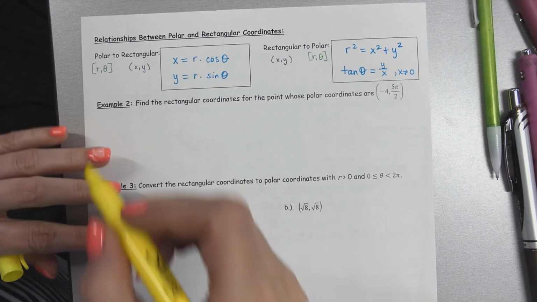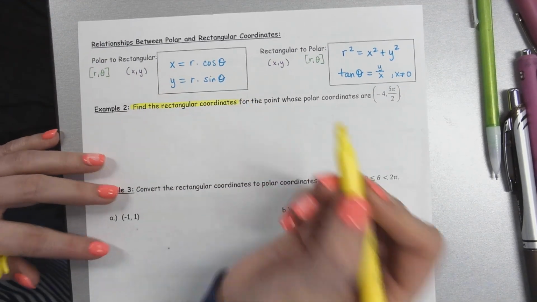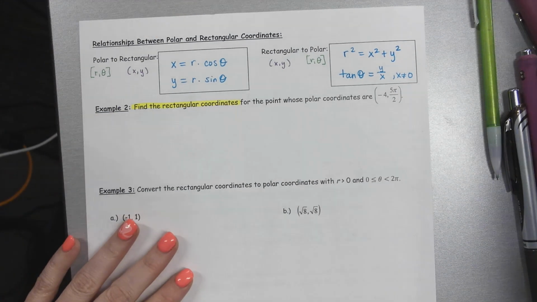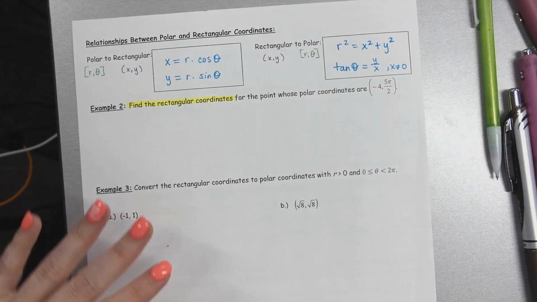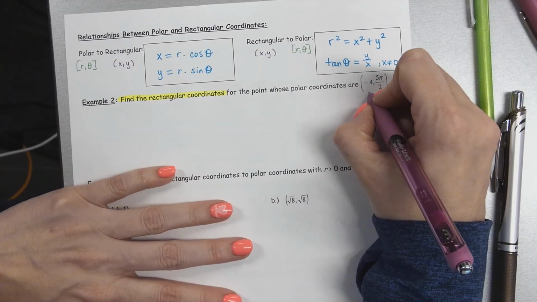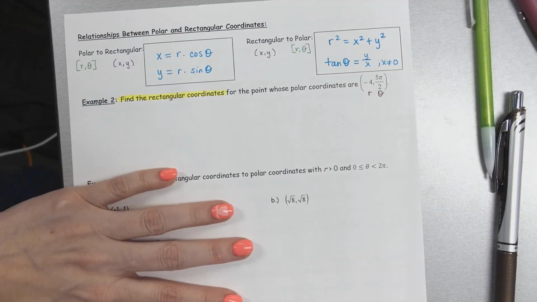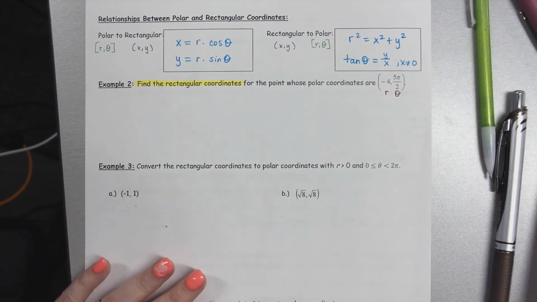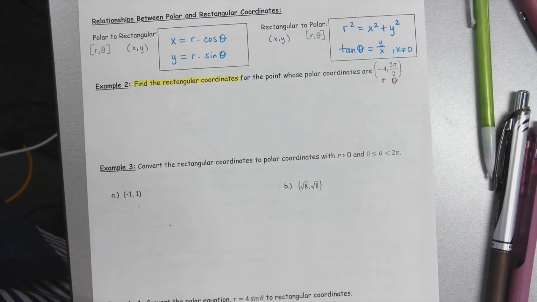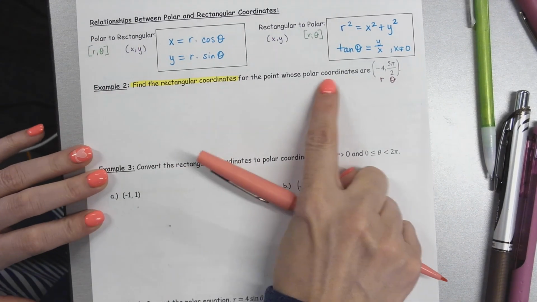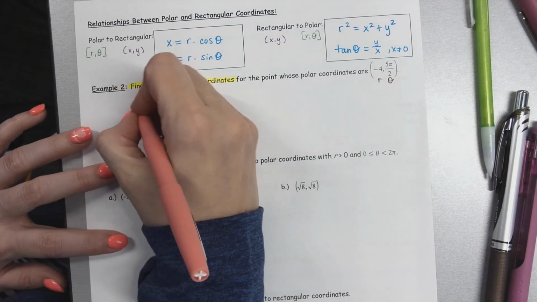Okay, so in the first equation, they asked you to find the rectangular coordinates when you are given the set of polar coordinates. So when you are given this set of polar coordinates, remember that this is going to be your r and your theta value. Okay, for this, we're going to use the polar to rectangular. Because we're given the polar, we want to go to rectangular.